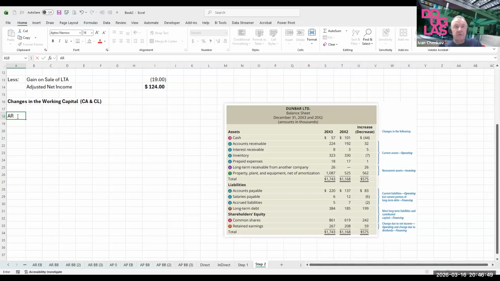For accounts receivable, we're going to get the beginning balance minus the ending balance. The beginning balance of accounts receivable minus the ending balance in accounts receivable.